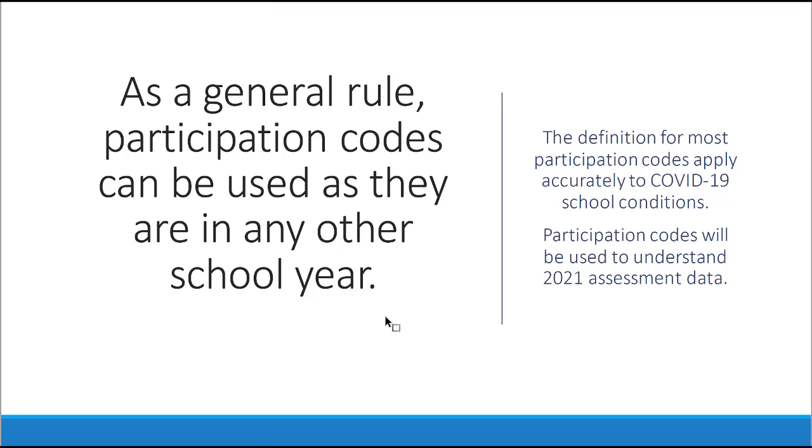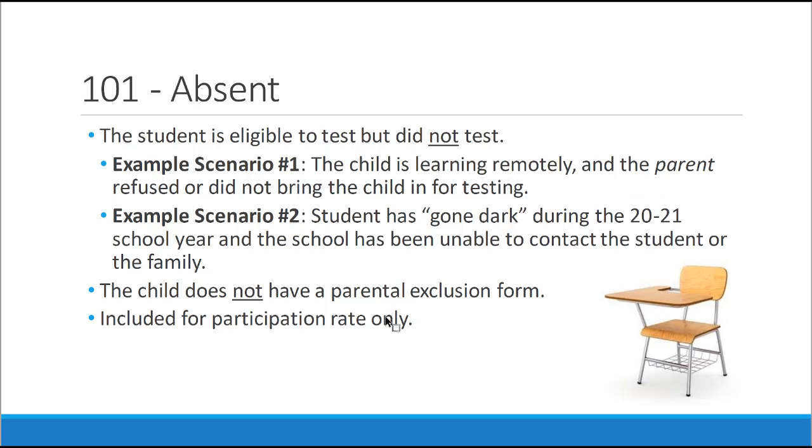The participation codes have been around every year, but due to COVID, their definitions have expanded to include some COVID-specific situations. For example, the 101 absent or did not test code typically applies to any test that remains untaken at the end of the window. Another reason why you might apply a 101 code this year is that the child is learning remotely and did not show up for their in-person testing session.